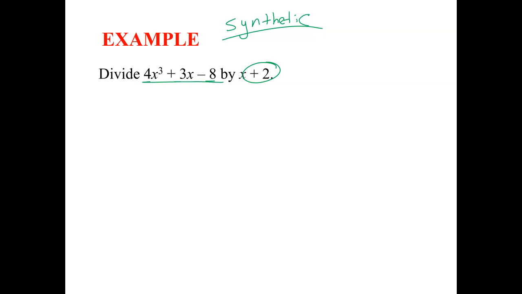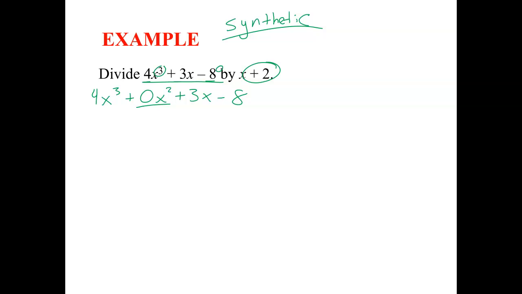Second thing we have to check is that all of our exponents are present, that we're not missing any of our degrees from our highest all the way down to our lowest. Am I missing anything? I'm missing the square term. So we need to fill in a placeholder. What could I add? There you go. I can add a 0x squared to get that placeholder.